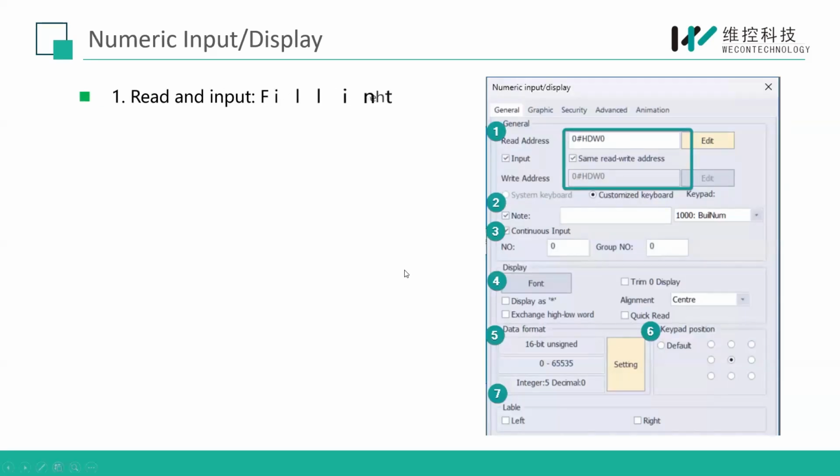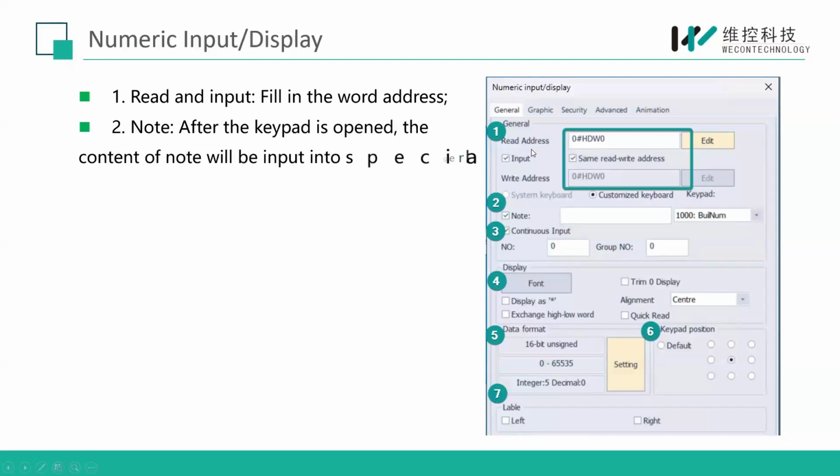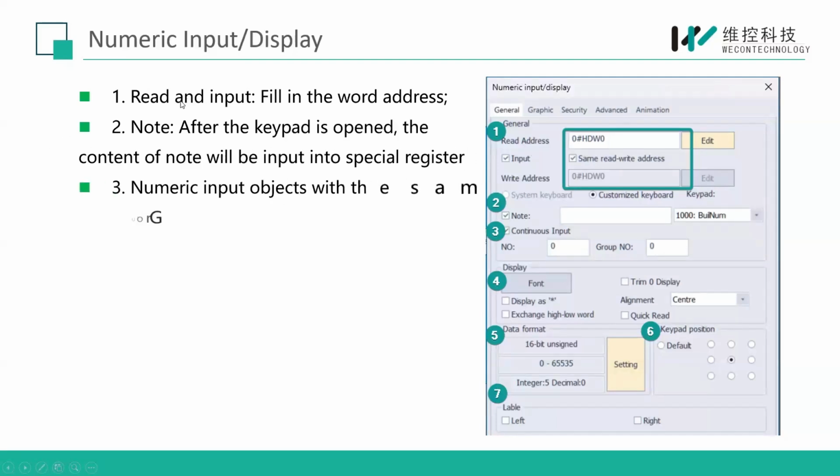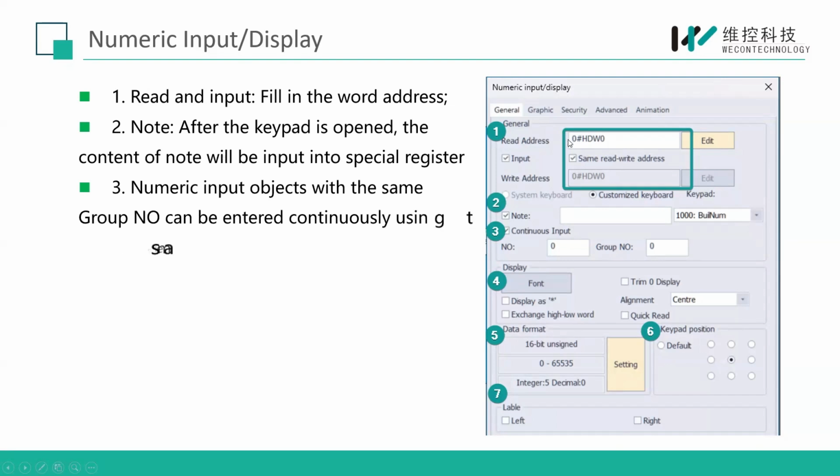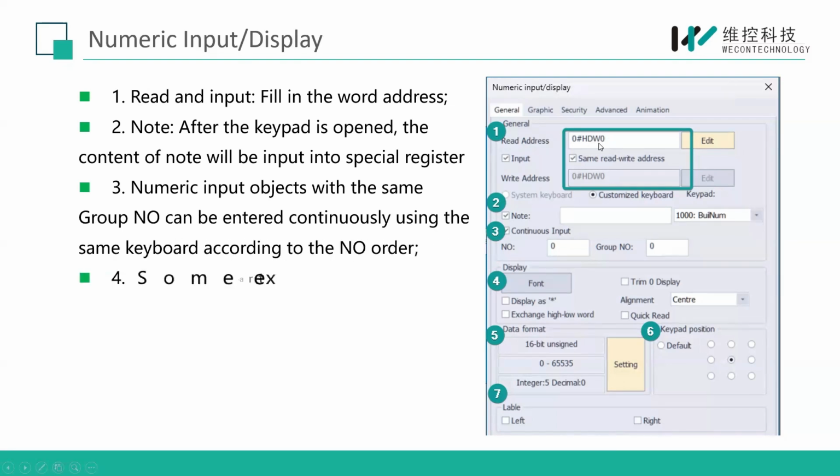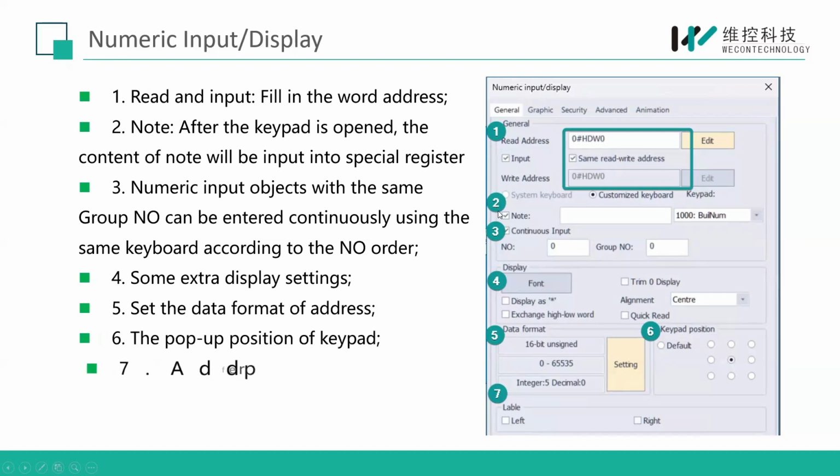And there is some explanation about it. What is the explanation? The first one is for filling in the word addresses. You can insert your address here. And the second one is a note. After the keypad is open, the content of the note will be input into the special register.